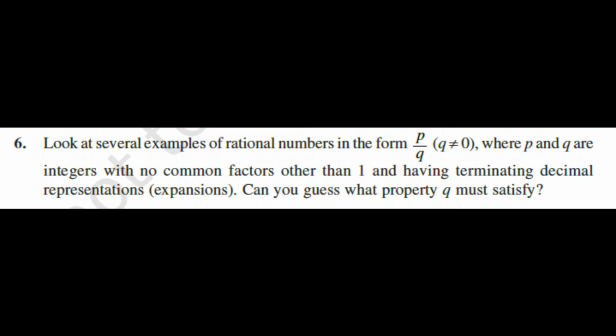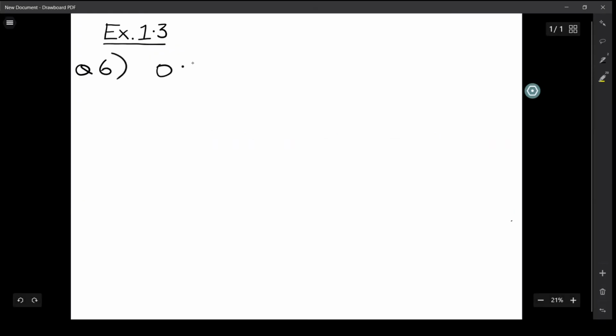The next question, question number 6 says, look at several examples of rational numbers in the form p by q, where p and q are integers with no common factors other than 1 and having a terminating decimal representation in its expansion. Can you guess what property q must satisfy? Let's say 0.56.